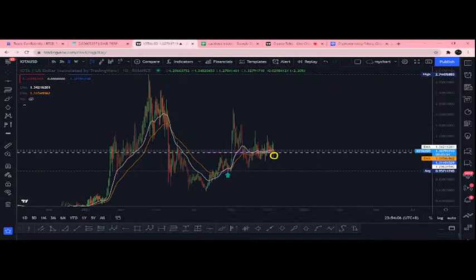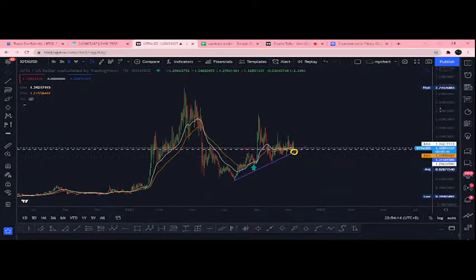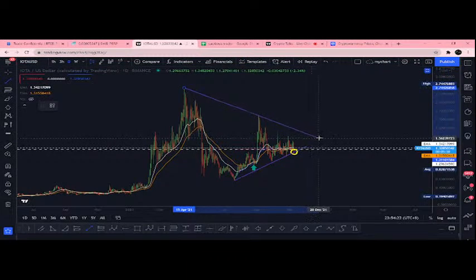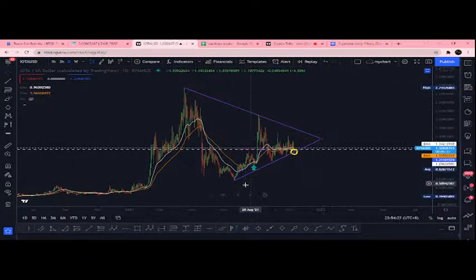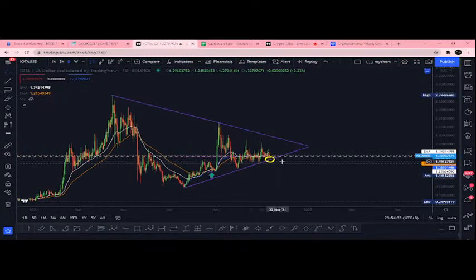Let's try to look at the other. This is a possible. Let's just draw a bit of this. It's too far already. So you can see it's already also at support area.